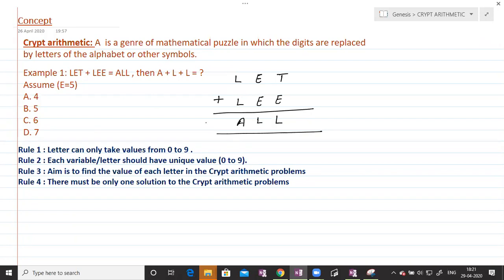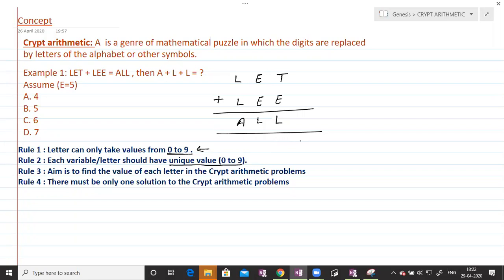Rule number 1: a letter can only take values from 0 to 9, and each letter or variable should have a unique value. It means I can't repeat a digit for different letters. One digit should be used for only one letter. It's a very important point, remember.